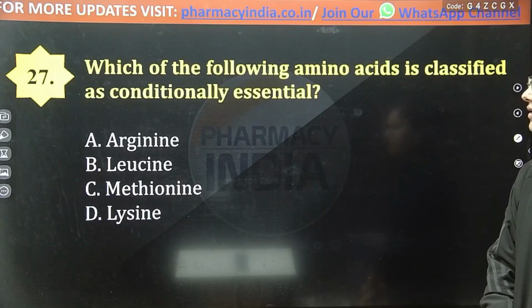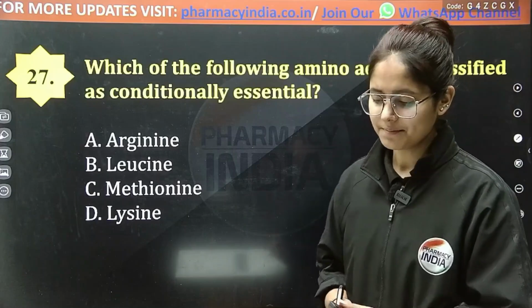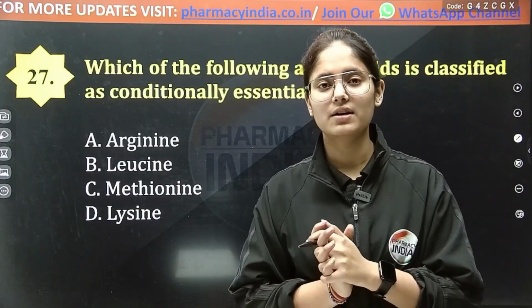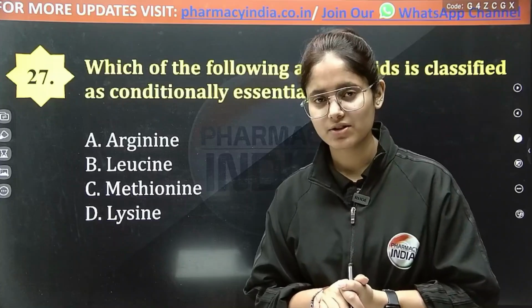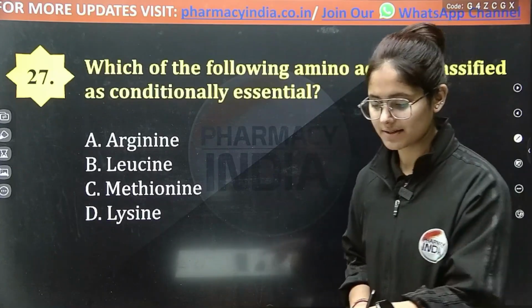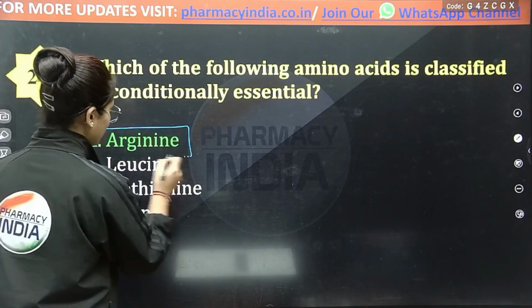Next question is, which of the following amino acids is classified as conditionally essential? Basically, there are several amino acids which are considered as conditionally essential amino acids. Arginine, leucine, methionine and lysine. There is an amino acid which is called arginine.